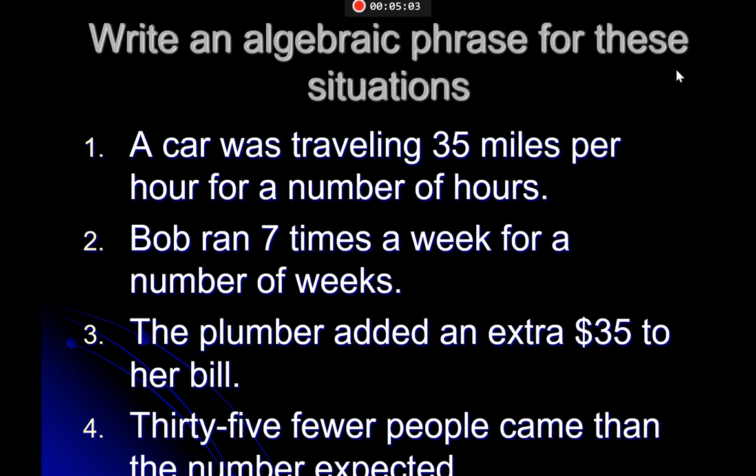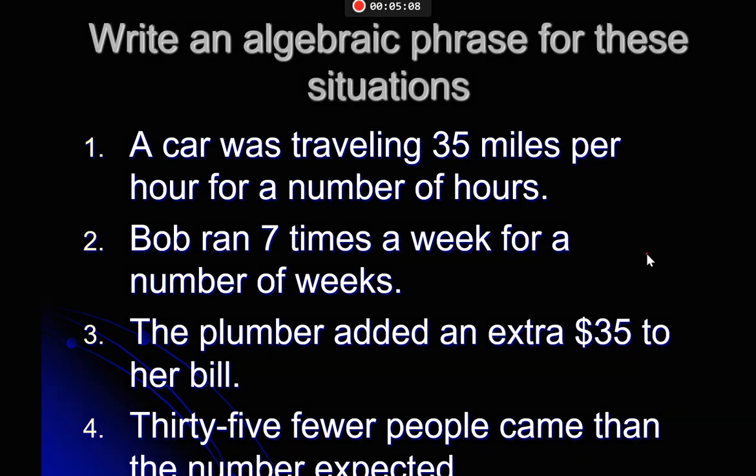Write an algebraic phrase for this situation. Let us try. A car was traveling 35 miles per hour for a number of hours. We don't know the number of hours, so let us consider the number as x.